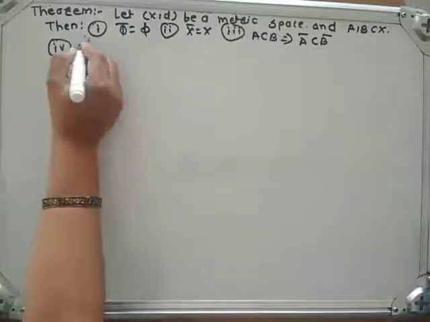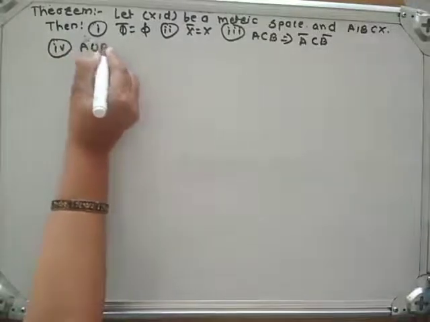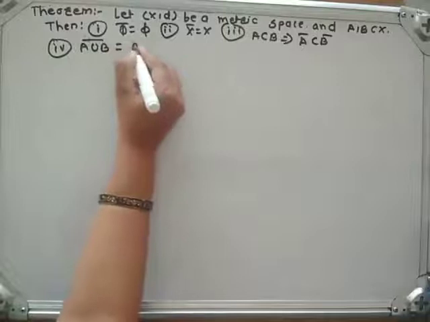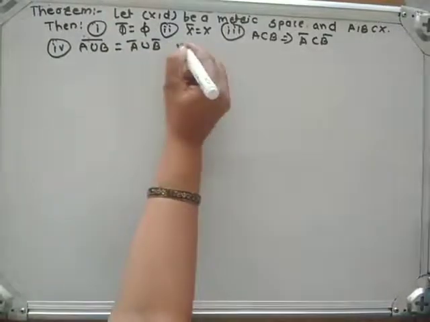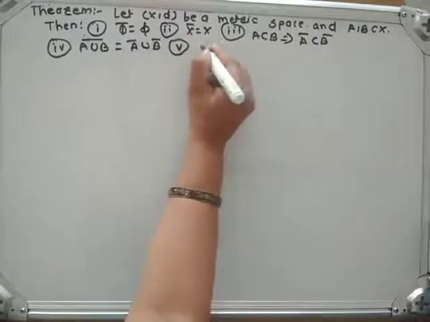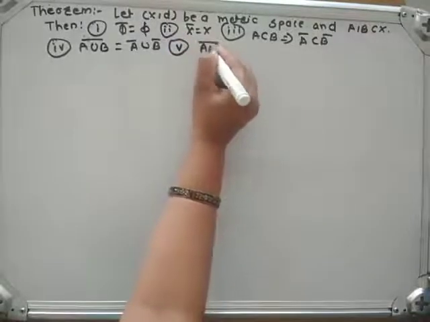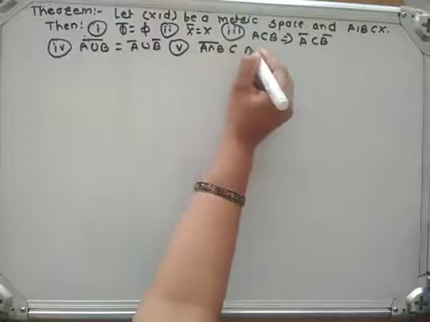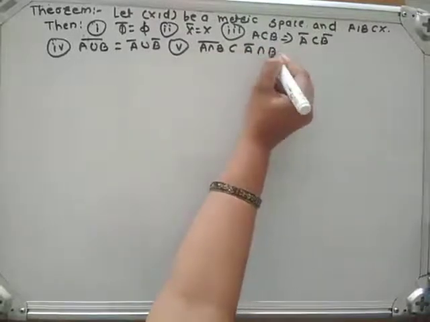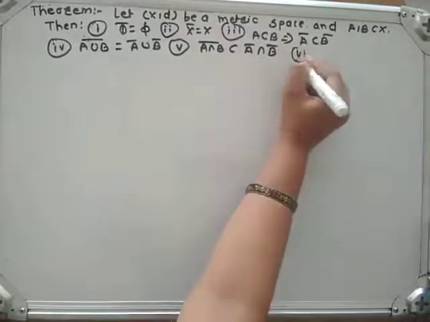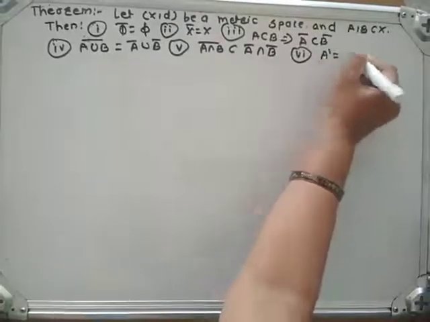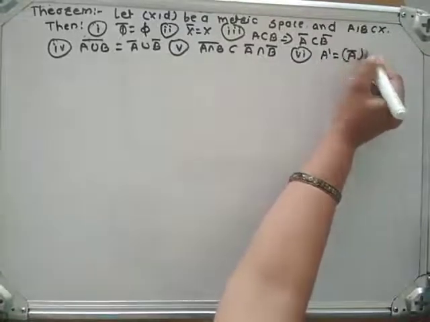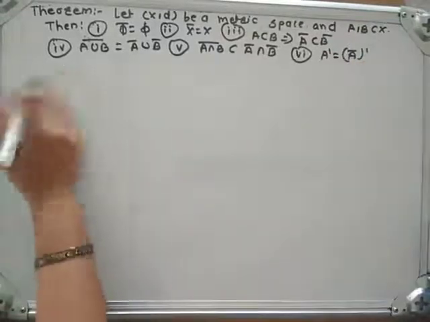Fourth one is closure of A union B is equal to A closure union B closure. Fifth one is closure of A intersection B is a subset of A closure intersection B closure. And last, sixth is limit points of A is equal to limit points of A closure.